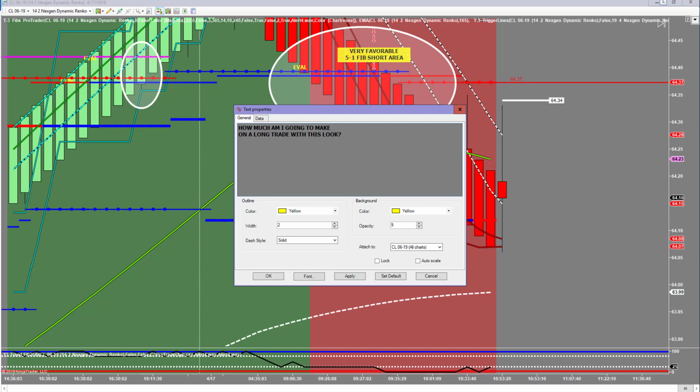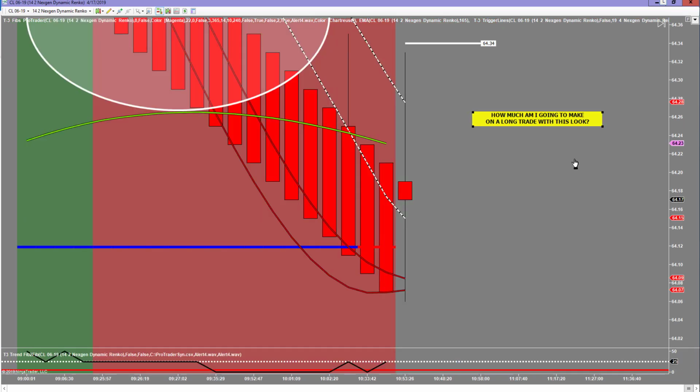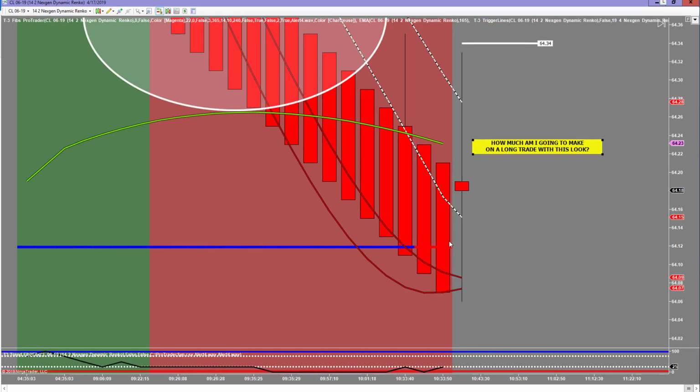Can you accurately and convincingly and consistently say how much you're going to make on a long trade with this trigger line configuration? Are you going to make 100 ticks long with this trigger line look? Probably not.